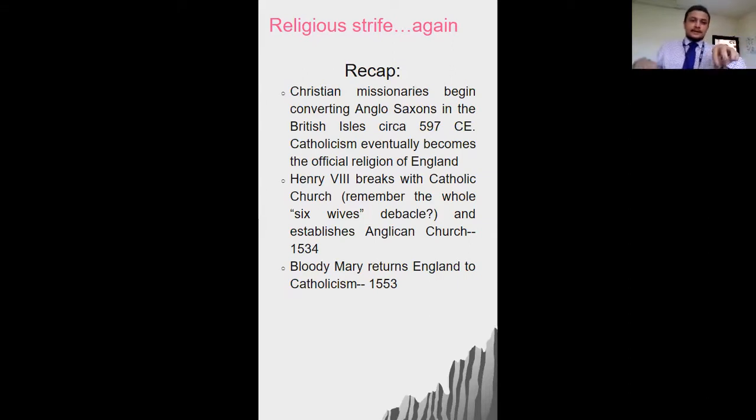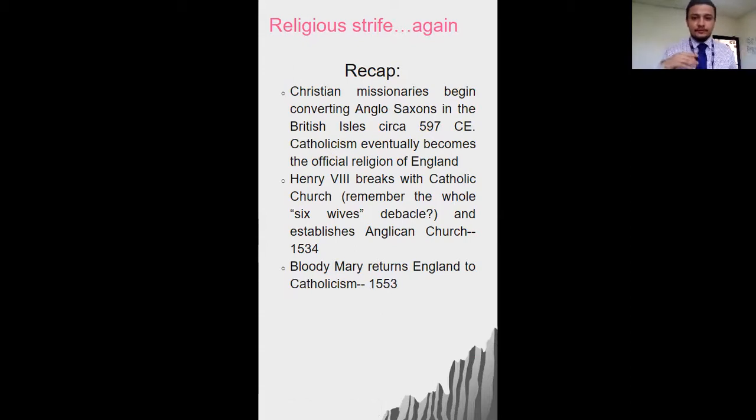So for a period of time, England was mostly Catholic, but then because of Henry VIII, it moved to a church that is called the Anglican Church. Bloody Mary returns England to Catholicism a couple of years later.